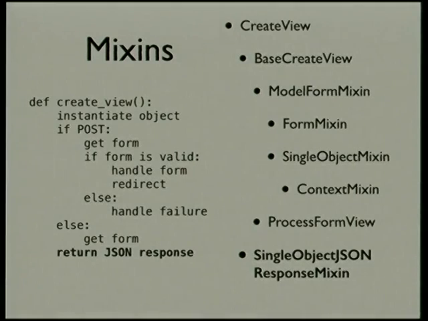So you change the one thing at the bottom, the single object JSON response mix-in, and it stops using template language and starts using JSON instead. Obviously, every one of those classes has 2 or 3 extension points you can get into to control the workflow around the basic workflow of dealing with a create or update type view.